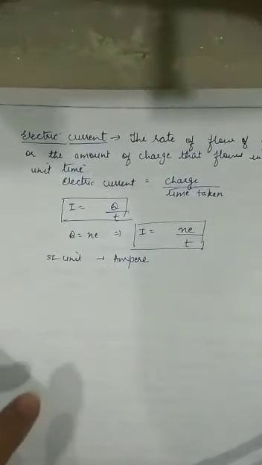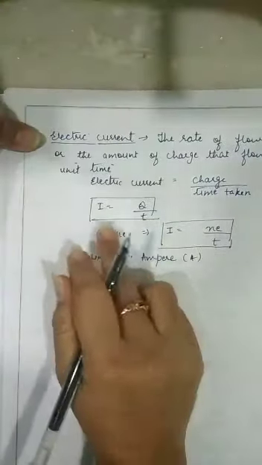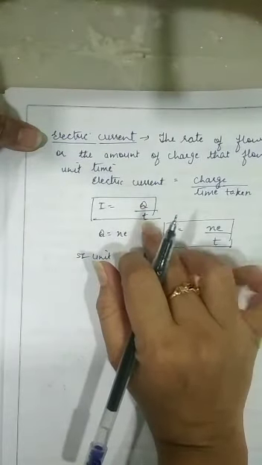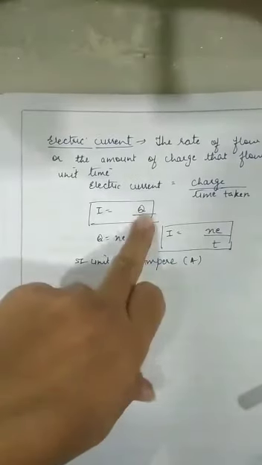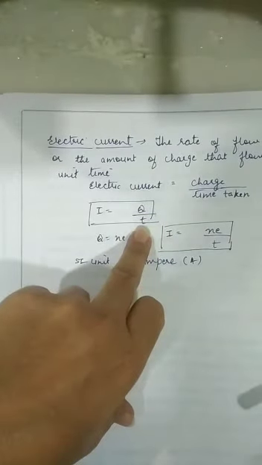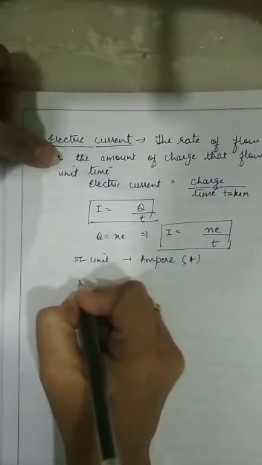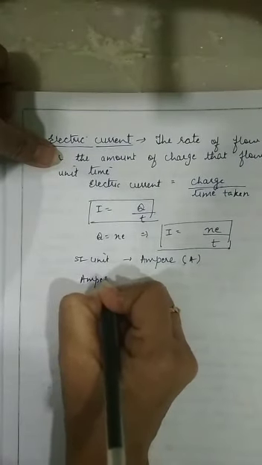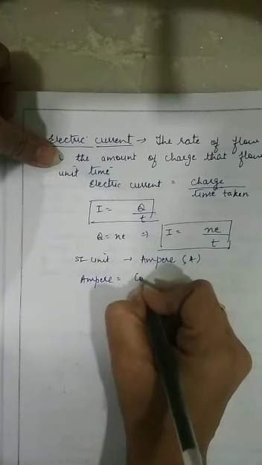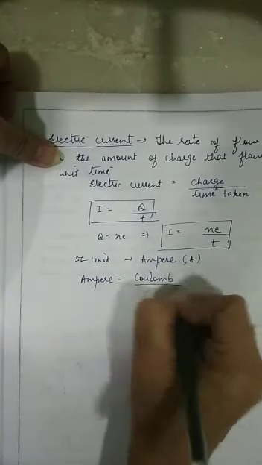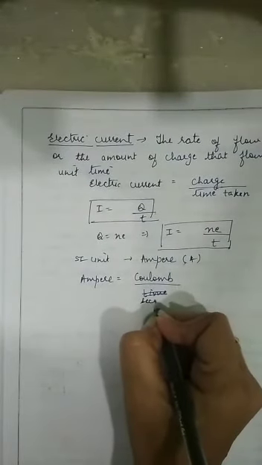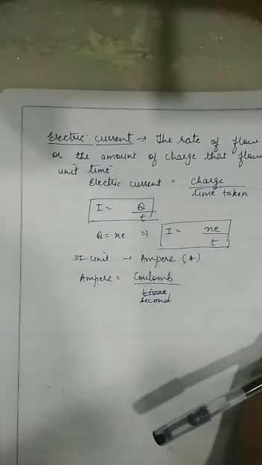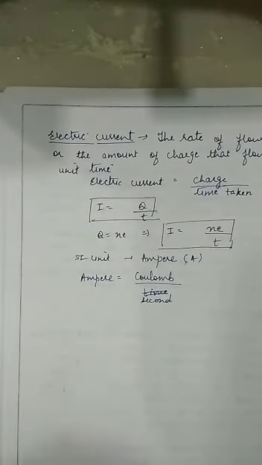Now, the SI unit of electric current is ampere. To define ampere, we know the formula of electric current is I is equal to Q upon T. The SI unit of charge is coulomb and the SI unit of time is second. So ampere is equal to coulomb upon second.